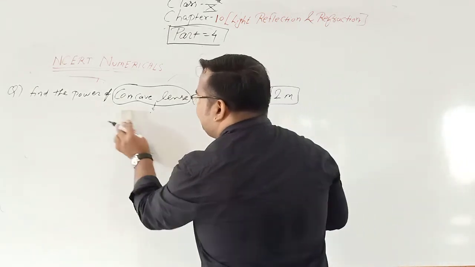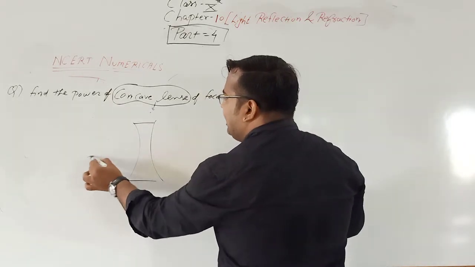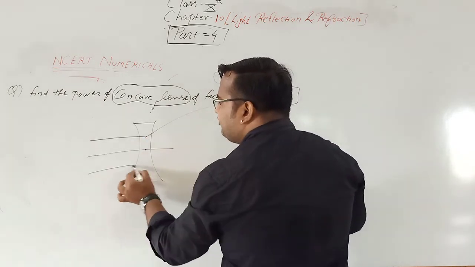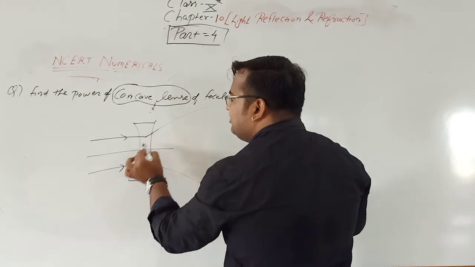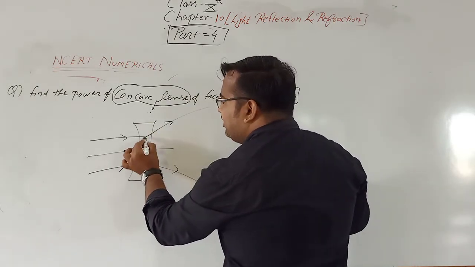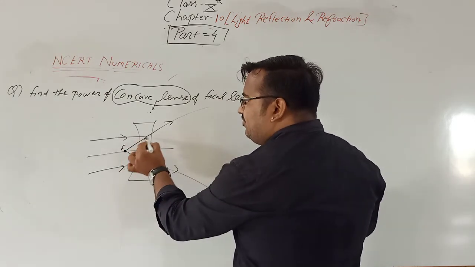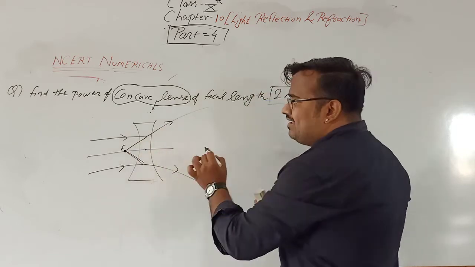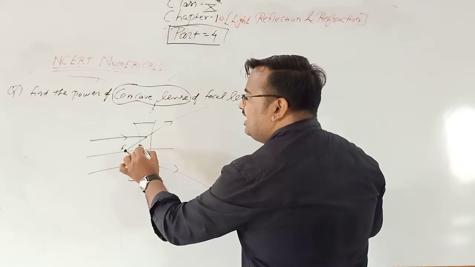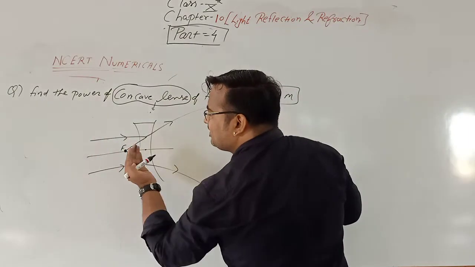If I tell you that the object is located at infinity, the incident rays are divergent, that means diverging rays never meet each other, so we produce the rays backward towards the focus. The diverging rays do not meet each other, so we produce them, and there the image is formed in front of the lens, towards the left hand side.